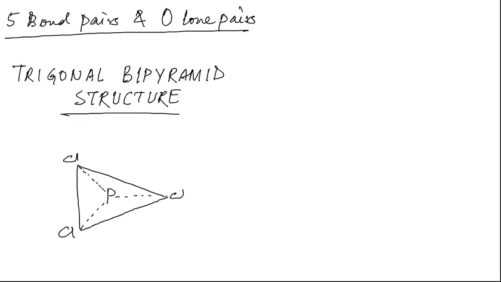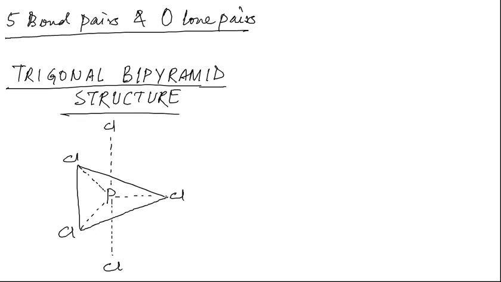These three chlorine atoms take the corners of an equilateral triangle with an angle of inclination of 120 degrees, and one chlorine atom is above the plane of this triangle and one is below. This particular orientation is known as a trigonal bipyramid structure.